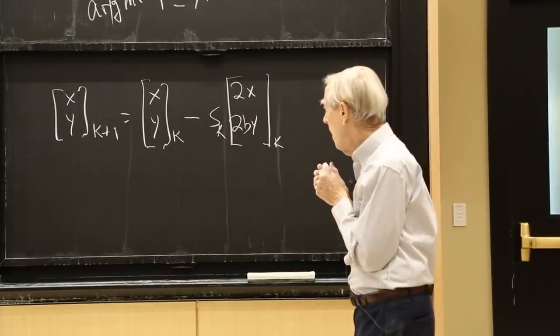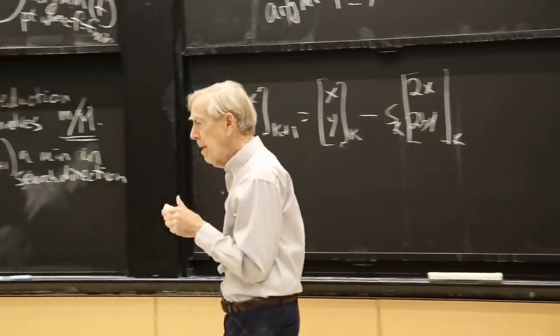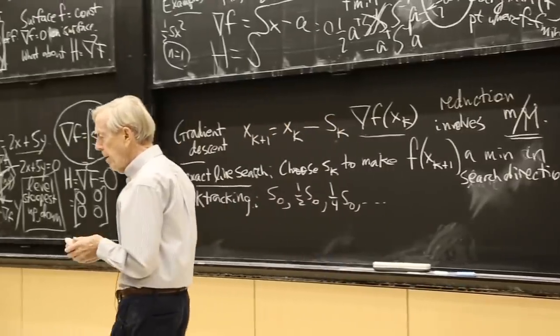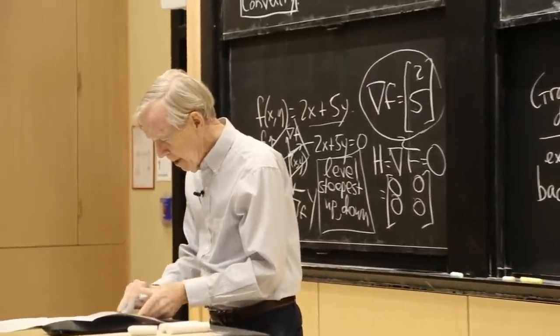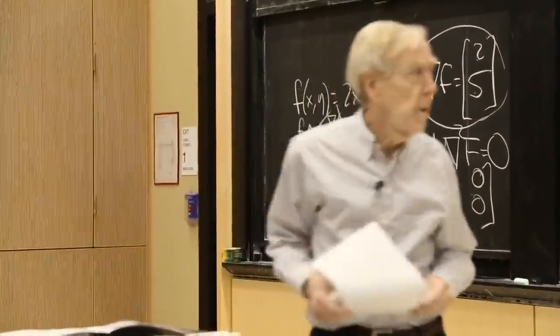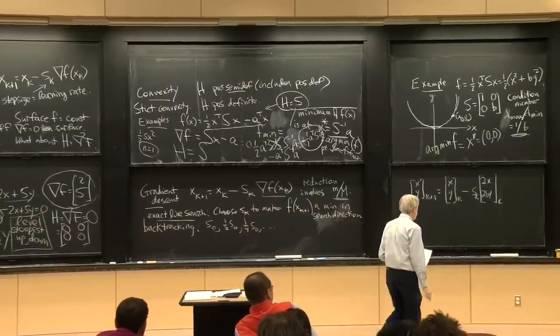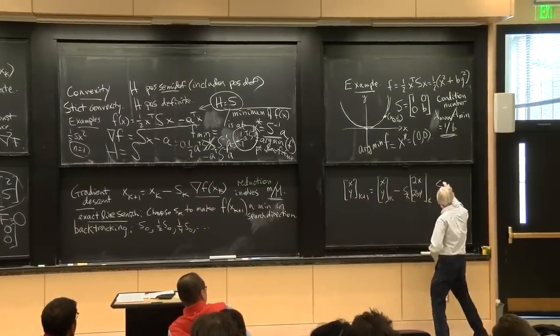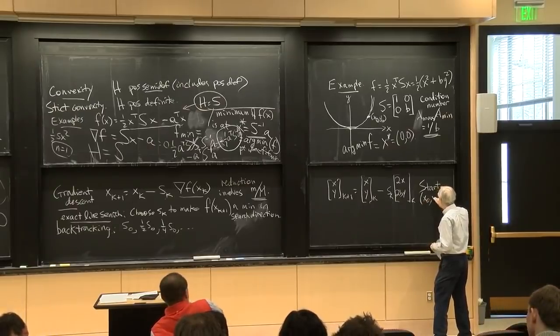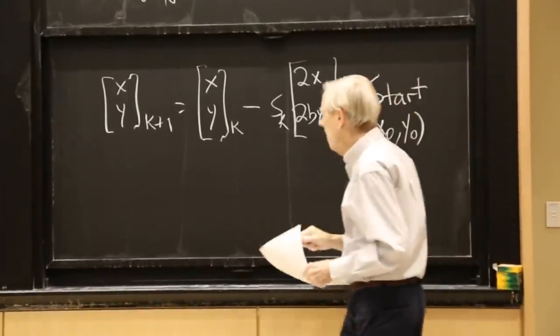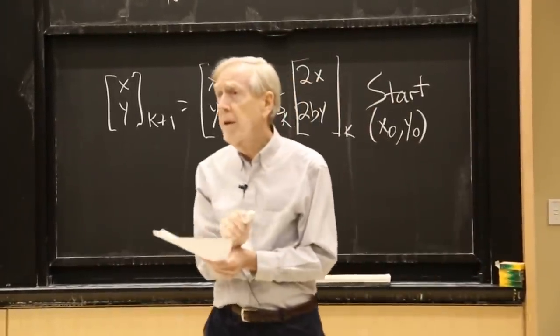Okay. And what's the answer? So I just want to tell you what the iterations are for that particular function, starting at x0, y0. I haven't done this calculation myself.